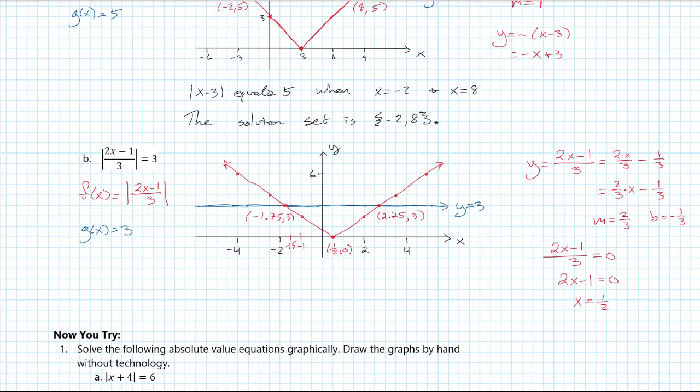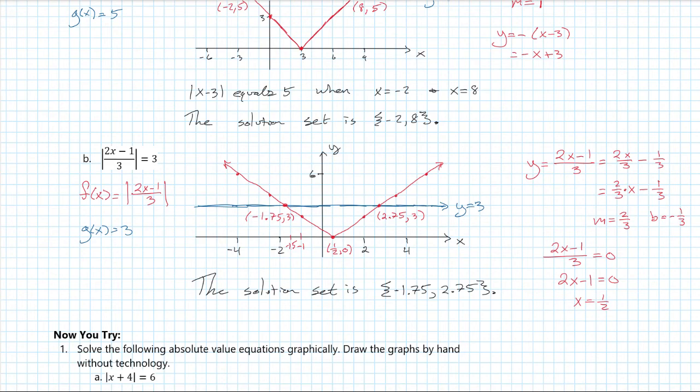All right, so from this we can see that the x values of these intersections are the solutions to the equation. So I will say that the solution set is the set containing -1.75 and 2.75.